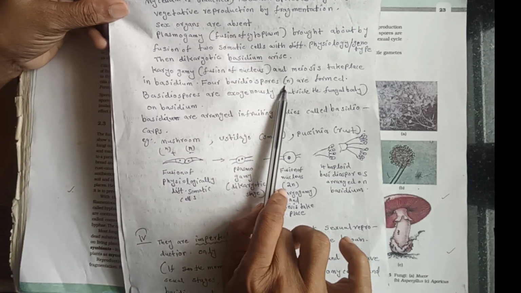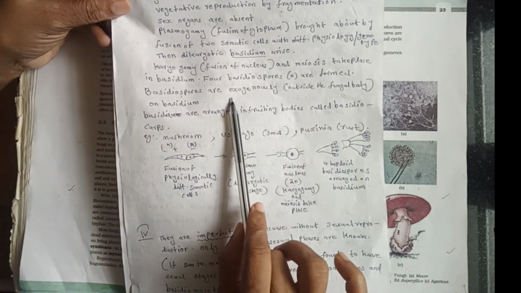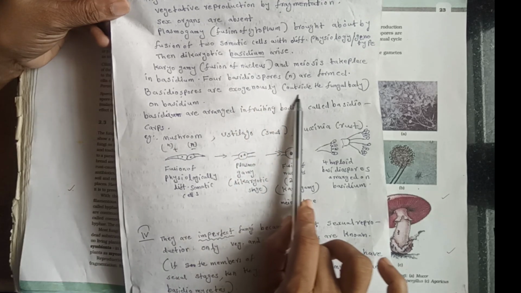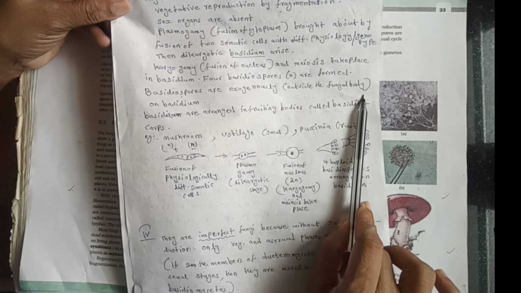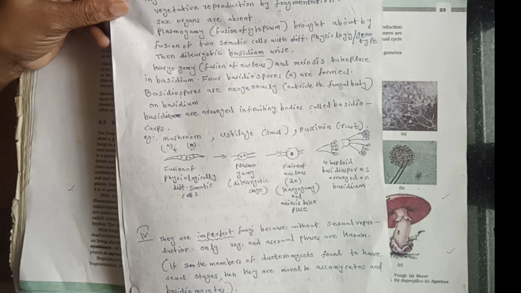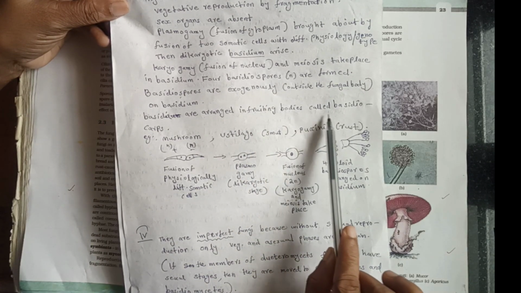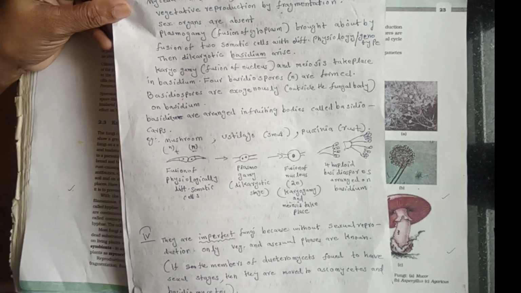Four basidiospores, which are haploid, are formed. Basidiospores are formed exogenously, that is, outside the fungal body on the basidium. Basidia are arranged in fruiting bodies called basidiocarps.